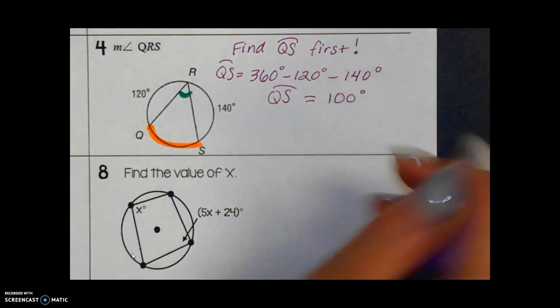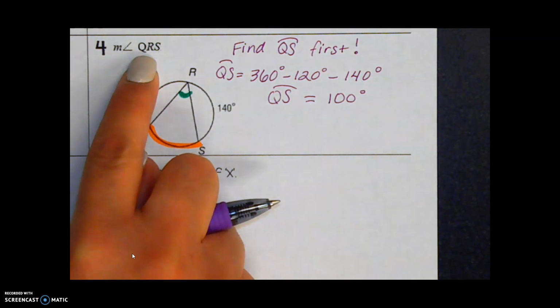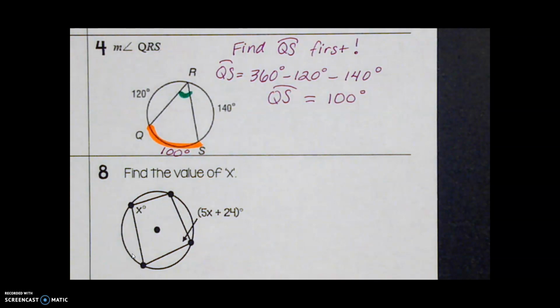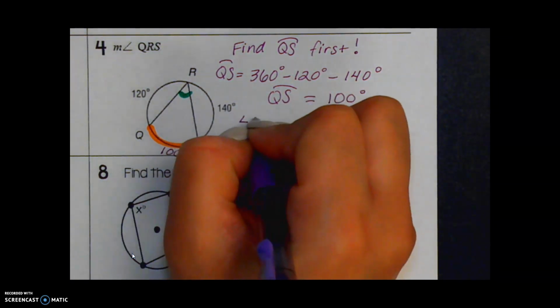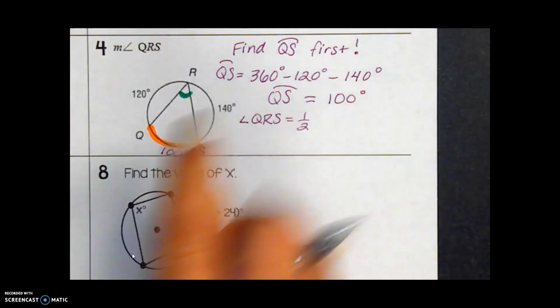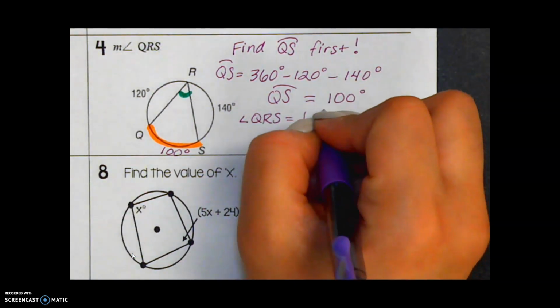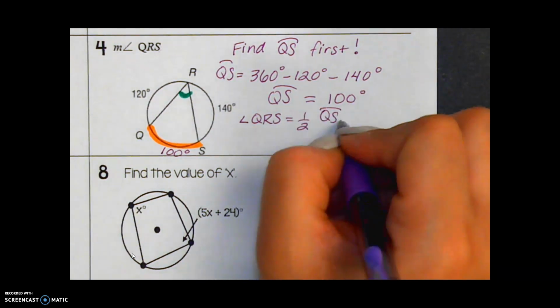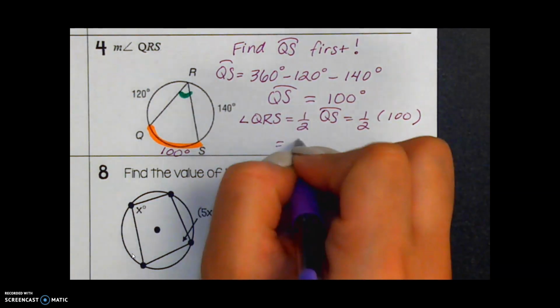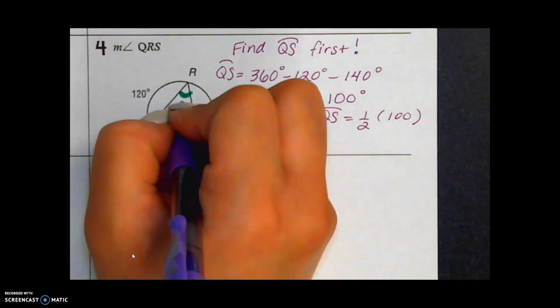But I'm not done because it asked me for the inscribed angle. Now I know the arc. How can I find that inscribed angle? So angle QRS is half of that arc right there, QS, which is half of 100. And that means it is 50 degrees.